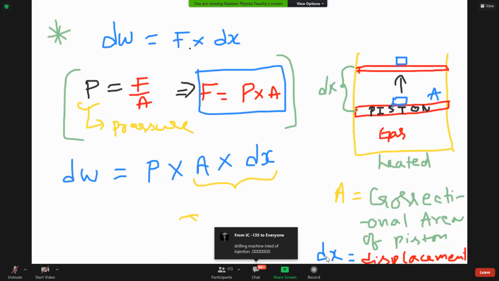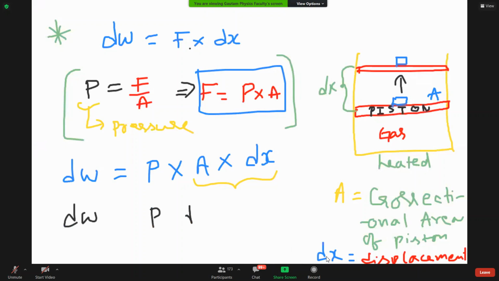Here we wrote dW, right? So here I can write dW is equal to P into dV, where dV is equal to A into dx. I'm not getting this point? Nothing, beta. Here, area into length is called volume.